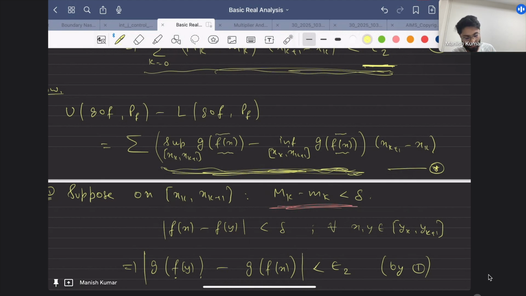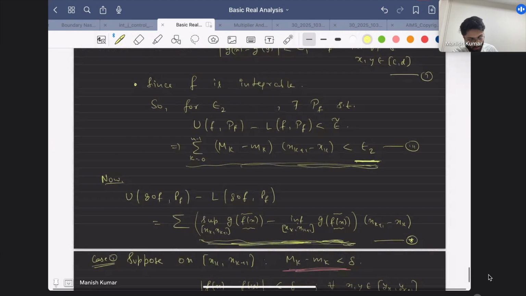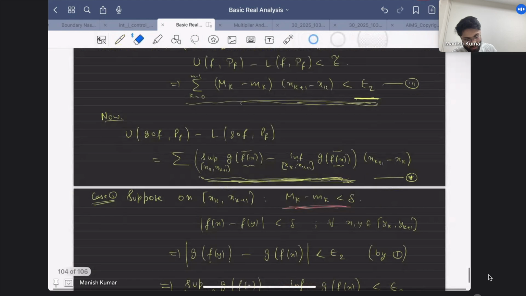Then g of that minus g of that will also be less than epsilon 1, whatever I have chosen. So that's what I have written: suppose on some xk to xk plus 1, the maximum value and the minimum value of the function differ by less than delta. That means for any two points the difference is less than delta, because the maximum and minimum differ by less than delta. So if you take the modulus of values at any two points, it is going to be less than delta. This is what I have written here. Okay, so this is xk.